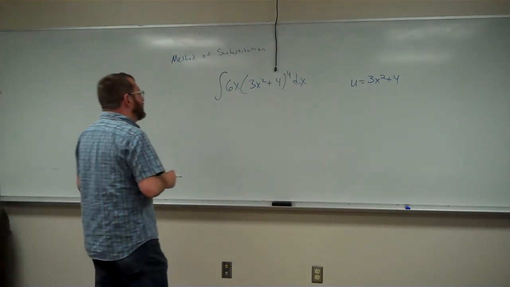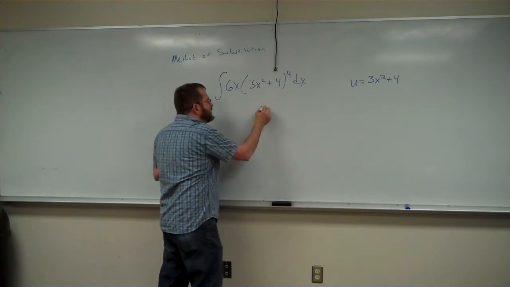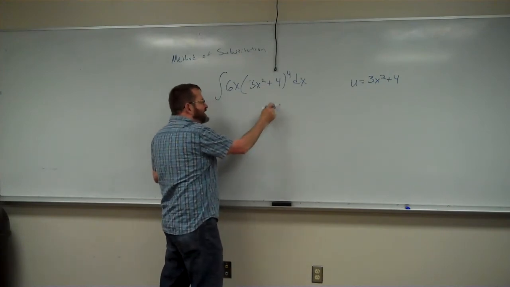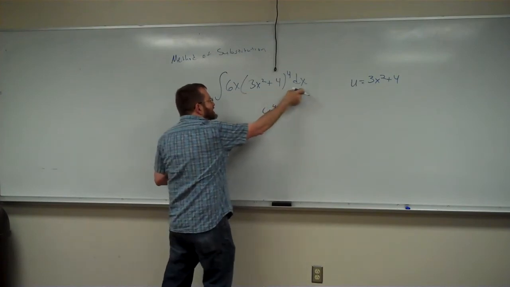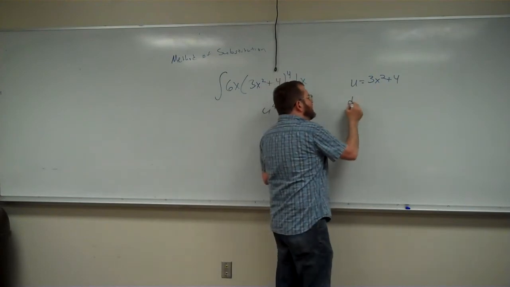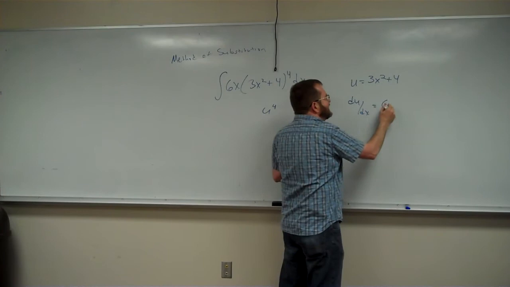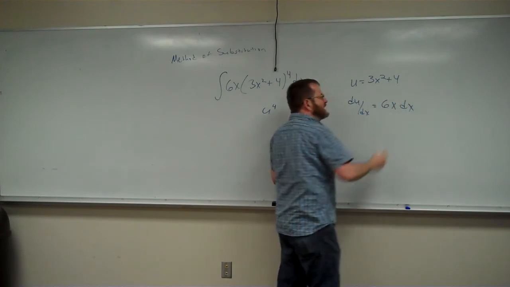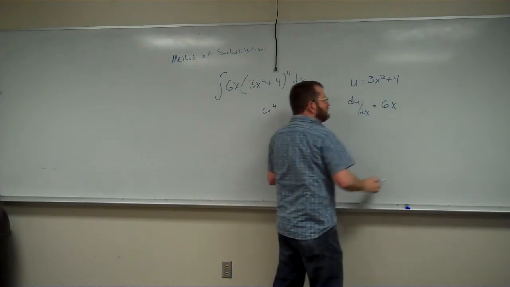Then I can see now already, this is like u to the 4th. That seems handy. But I've still got this thing out here, and I've got a dx here. But I told you we had to find the derivative, du dx. The derivative of this with respect to x is 6x. Right, that's its derivative.